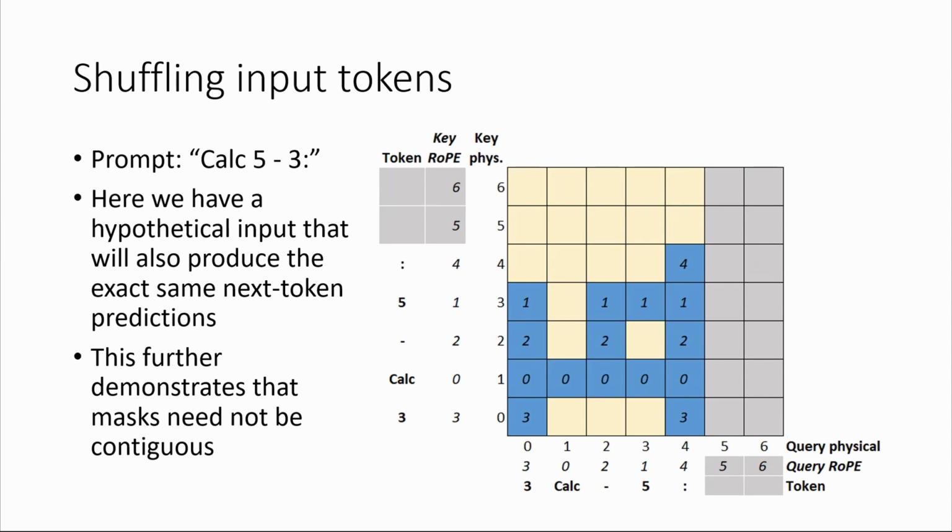What matters is the rope embeddings, not the physical location. I could take this weird blue pattern and shuffle it anywhere within the max sequence length of the attention window and it would be perfectly fine.